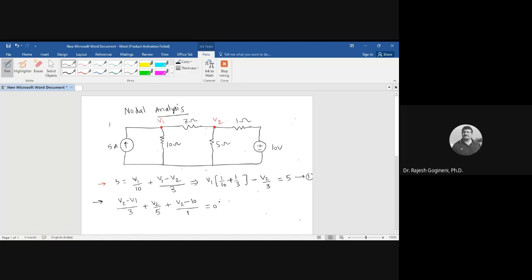Is it clear? Here 10 volts is not a resistor, it is a voltage source. So V2 by 3 minus V1 by 3 plus V2 by 5 plus V2 is equal to 10.